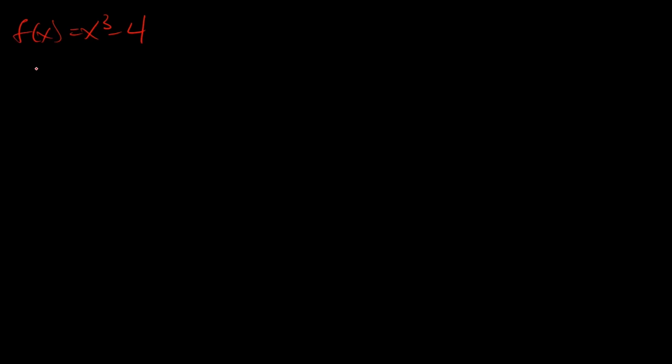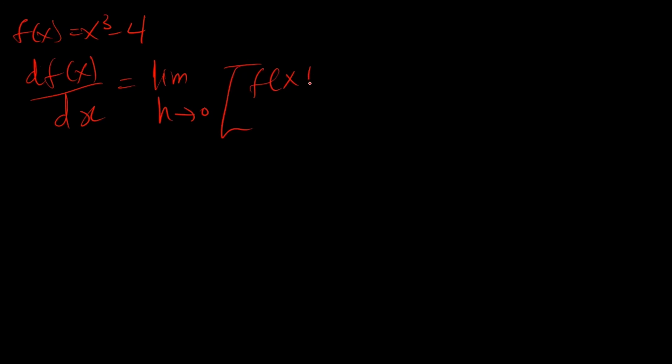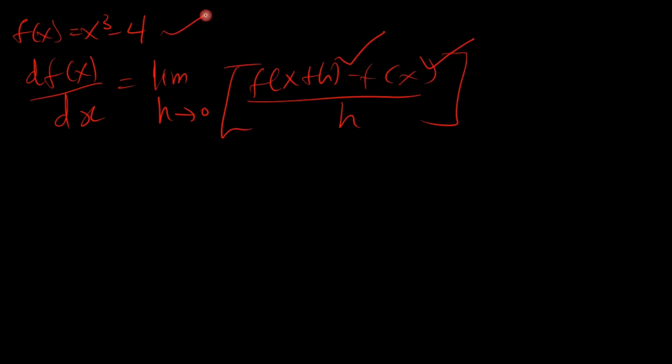So you know that for the first principle, f prime of x will be equal to the limit as h approaches 0 of f of x plus h minus f of x, all over h. So we need f of x plus h and f of x. We already have our f of x here. So we find our f of x plus h. So f of x equals x cubed minus 4.